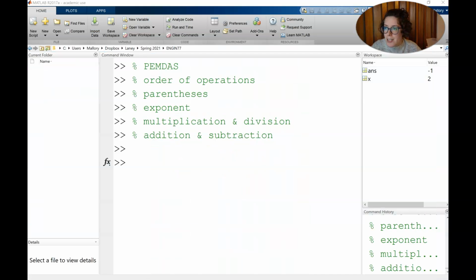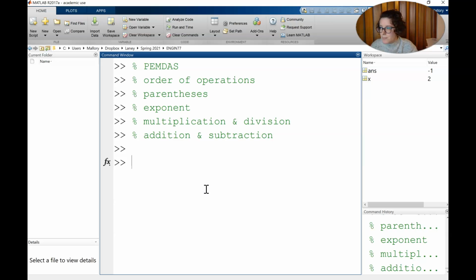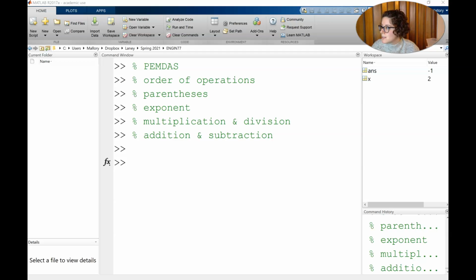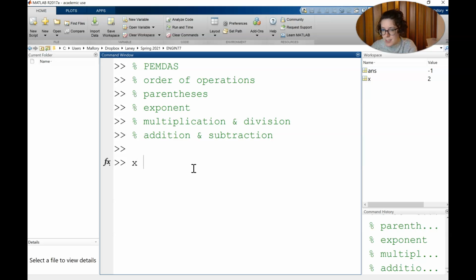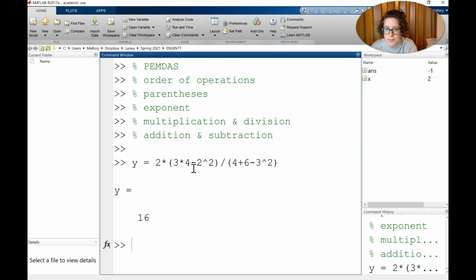So going into MATLAB, let's say that's equal to y. We have y is equal to 2 times, so we have 3 times 4 minus 2 squared divided by, and in parentheses, we have to have that bottom part, 4 plus 6 minus 3 squared.